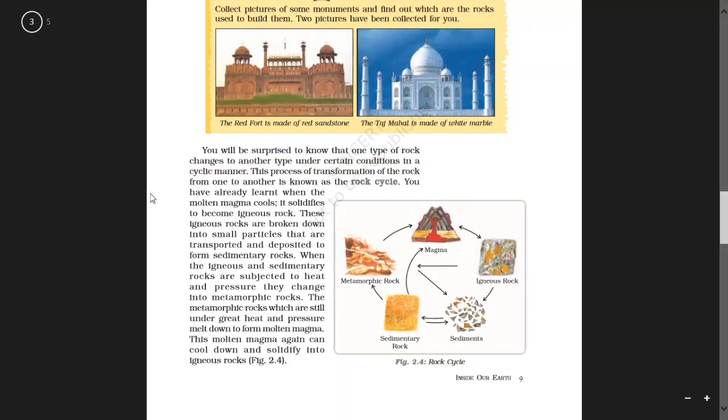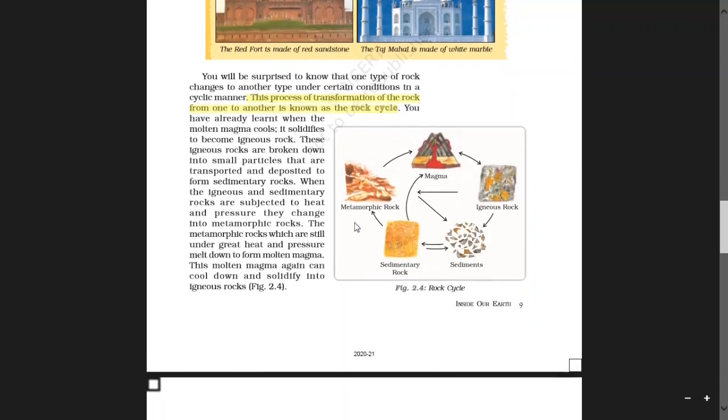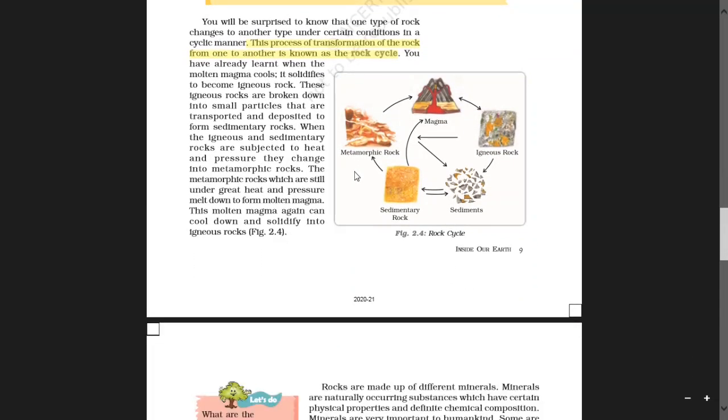You have already learned in this chapter that when the molten magma cools, it solidifies, that means it becomes hard and solid, and it becomes igneous rock.